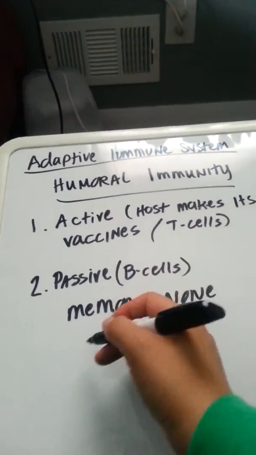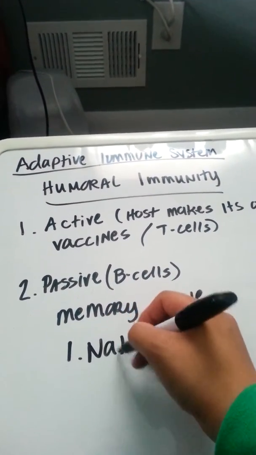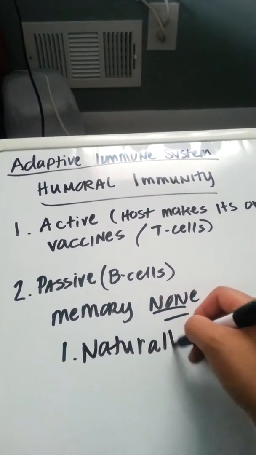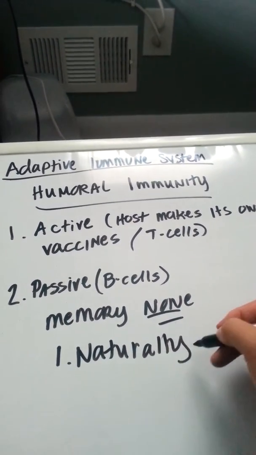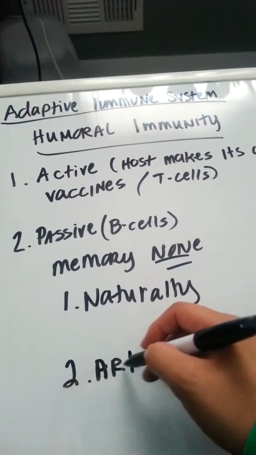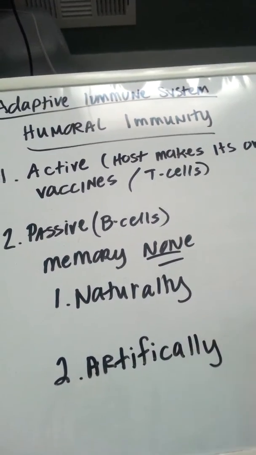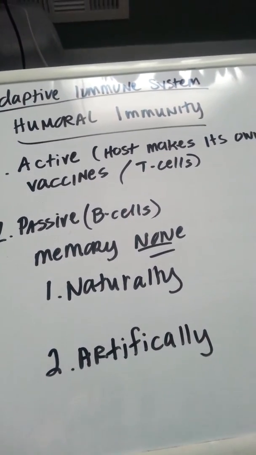There are two types. We have naturally acquired and artificially acquired.